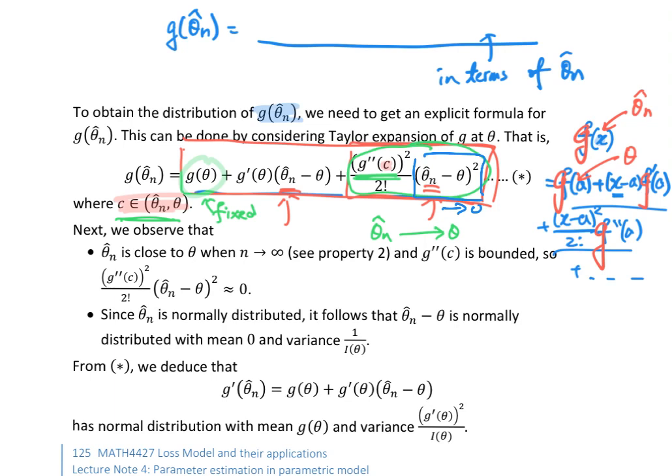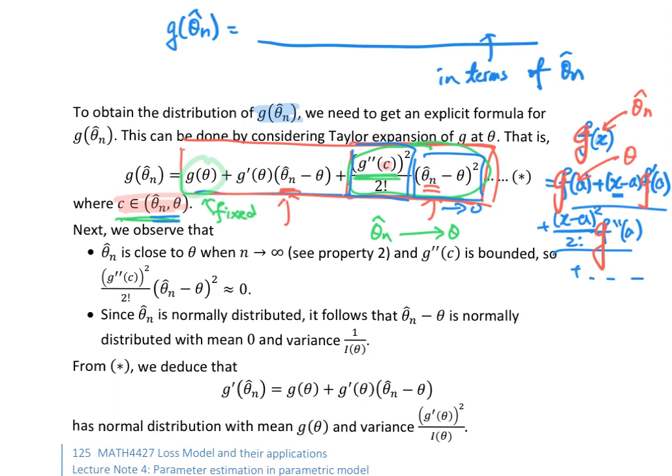But in order to argue this, we still need to argue whether this term will just remain a finite number or maybe go to infinity. Here, because c is somewhere between θn hat and θ, when n tends to infinity, θn hat will get close to θ.